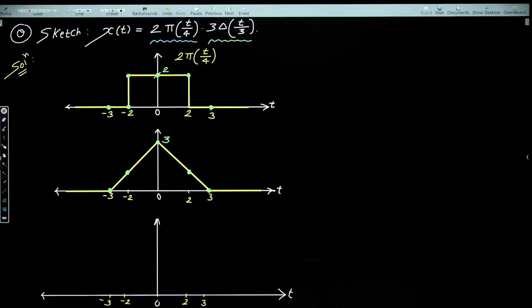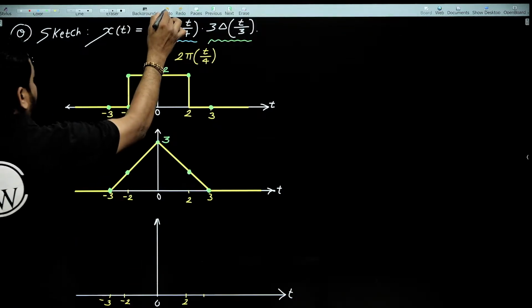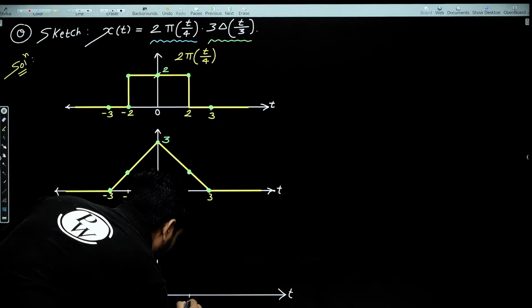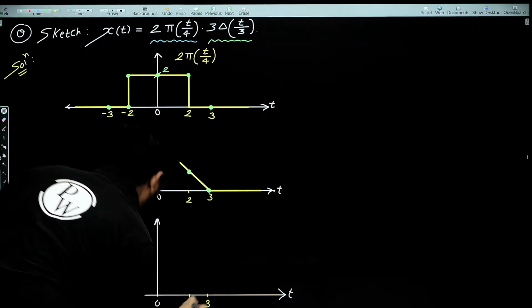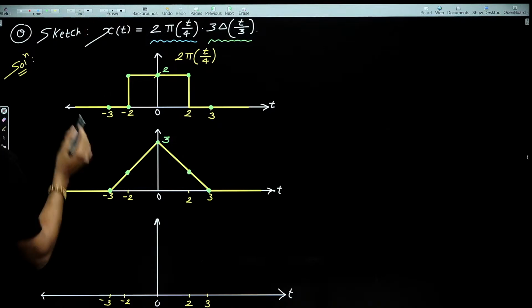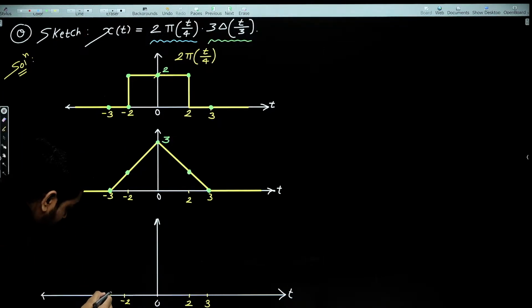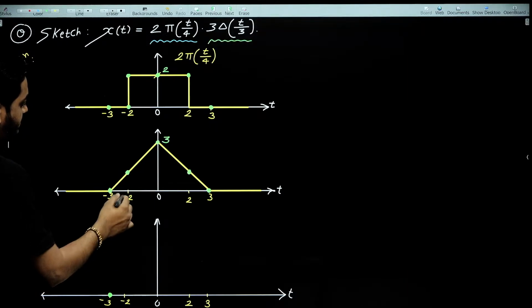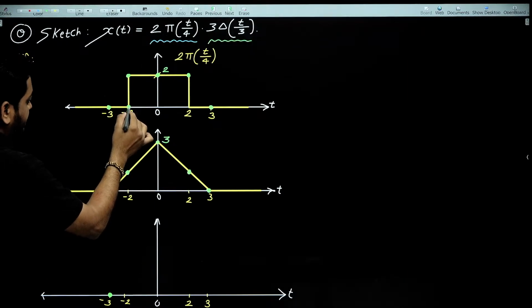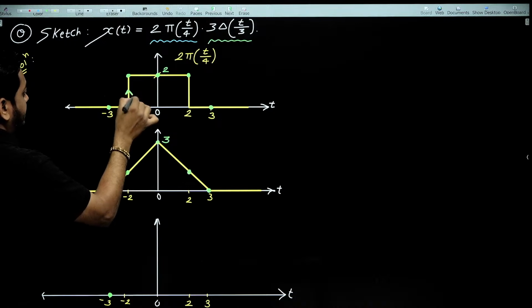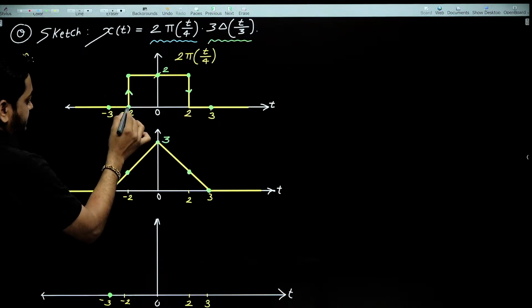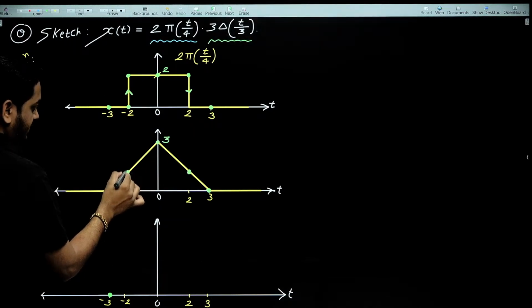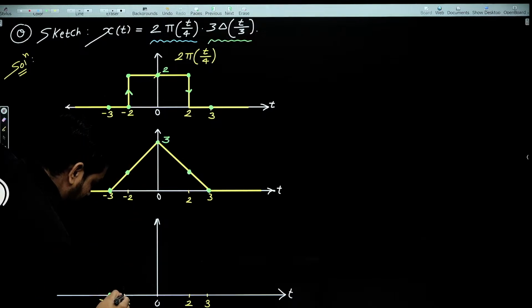Clear? 2 and 3, guys. So at t equal to 3, 0 into 0 is nothing but 0, guys. Now at t equal to -2, first this point, the first lower point, the starting point, 0 into this, it is nothing but 0.